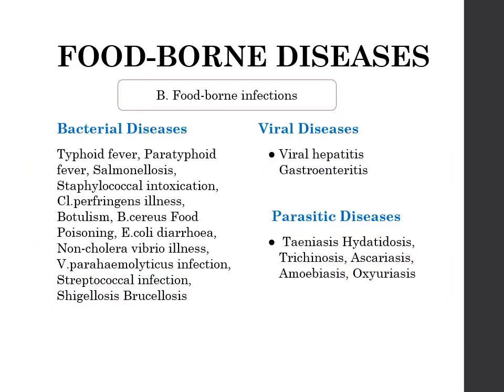Foodborne infections are divided into bacterial diseases, viral diseases, and parasitic diseases. Bacterial diseases include typhoid fever, salmonellosis, staphylococcus infections, Clostridium perfringens illness, botulism, Bacillus cereus food poisoning, E. coli diarrhea, non-cholera vibrio illness, and other infections.